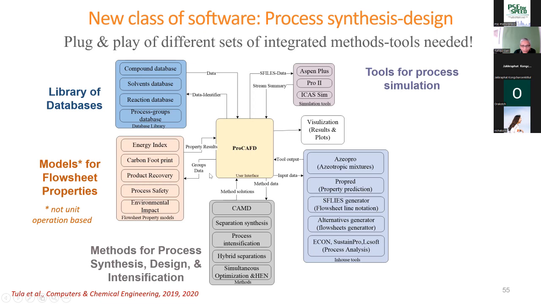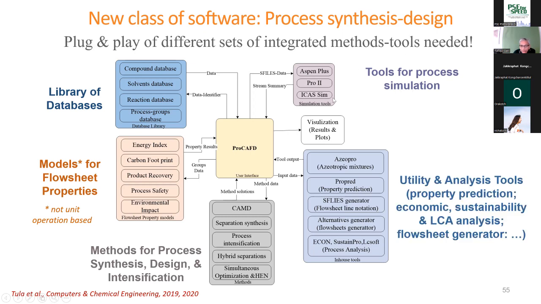If we have all of these, we can then use a simulator to verify whether our designs work or not. And then once we have the simulation, we can do also analysis in terms of circular economy, LCA, sustainability, and so on. So what we see again is that if one has the simulator, it only solves this problem, not this problem.